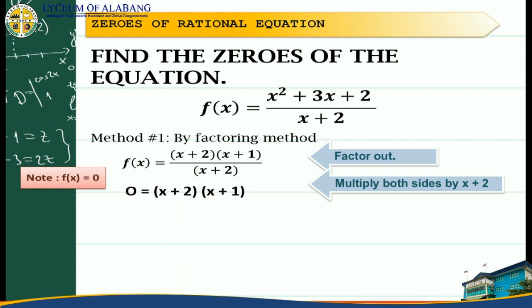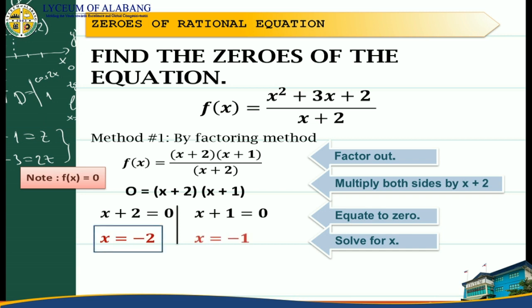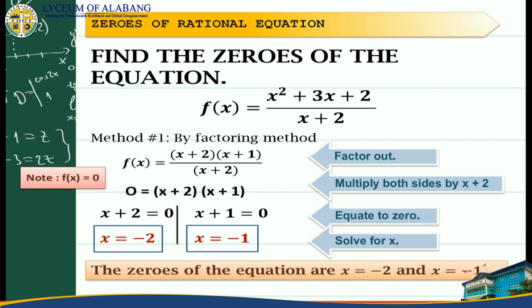So we have 0 is equal to x plus 2 times x plus 1. Then, equate to 0, we have x plus 2 is equal to 0 and x plus 1 is equal to 0. Then, solve for x, so x is equal to negative 2 and x is equal to negative 1. Therefore, the zeros of the equation are x is equal to negative 2 and x is equal to negative 1.